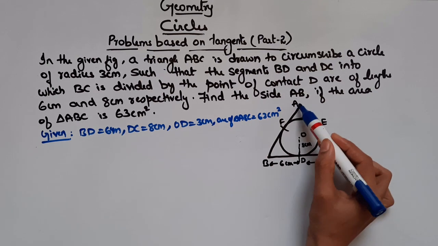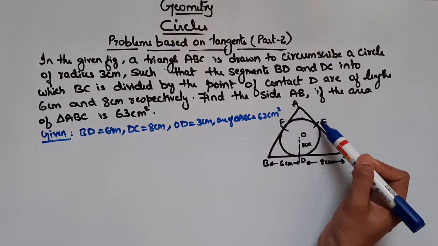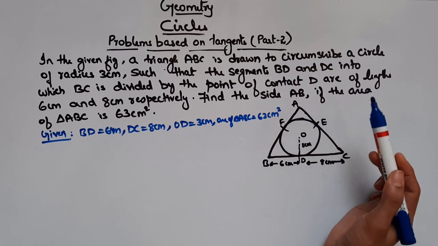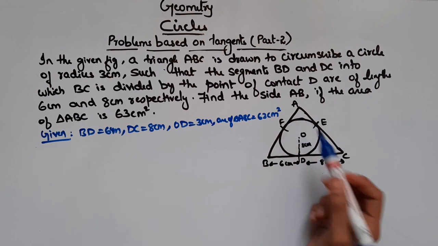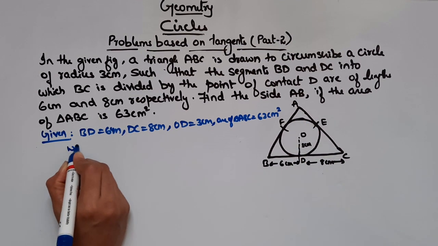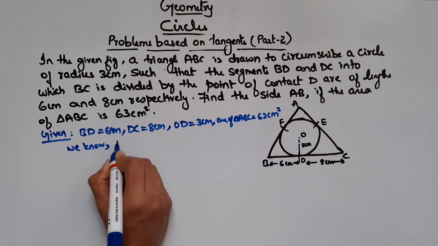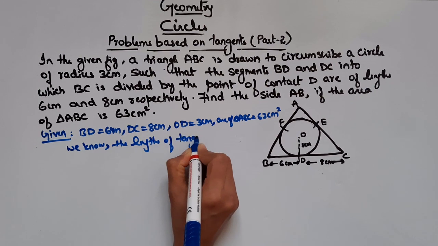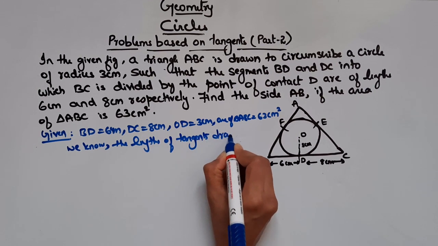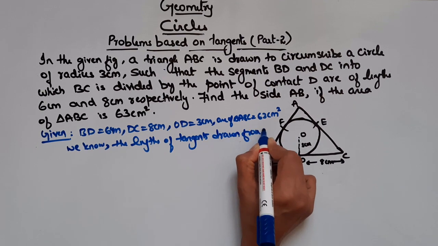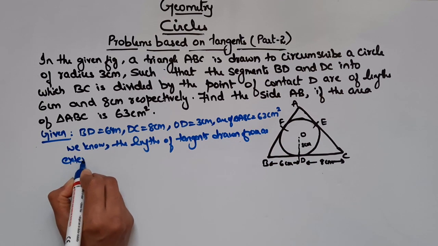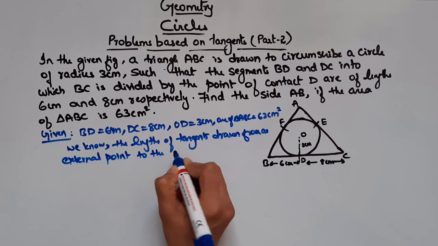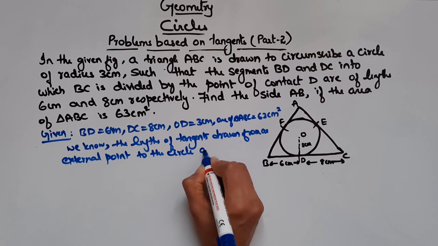Similarly from point A we can say AF is equal to AE, but here both are unknowns. So let's take AF is equal to x centimeter. Alright. So first let's write that in words. We know the lengths of the tangents drawn from an external point to the circle are equal.